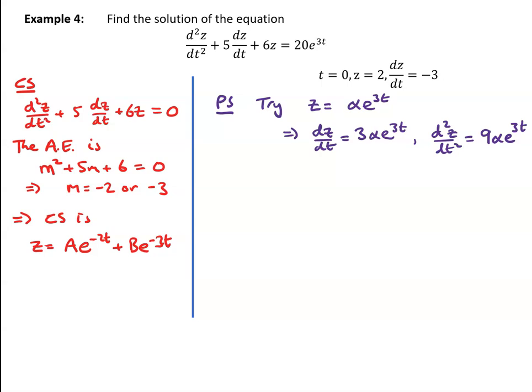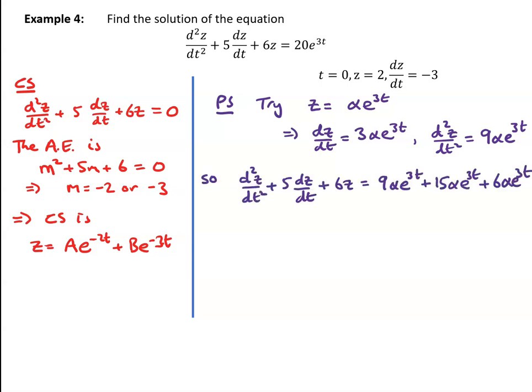So d2z dt squared plus 5 dz by dt plus 6z is going to equal 9 alpha e to the 3t plus 5 times 3 alpha e to the 3t, which is 15 alpha e to the 3t, plus 6 lots of alpha e to the 3t.